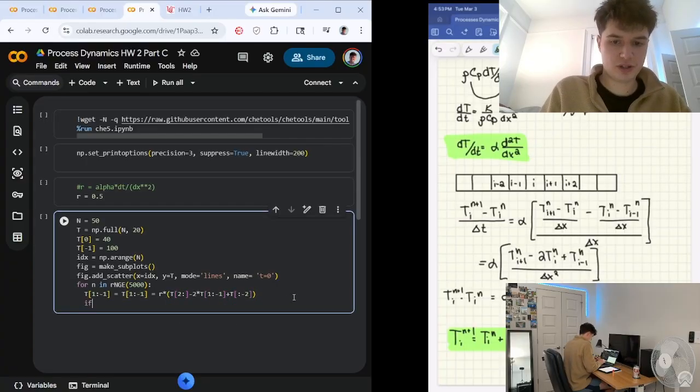And we're going to add our if function, if n % 50 equals 0.